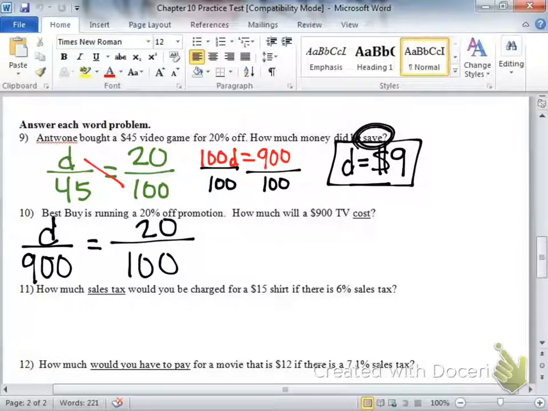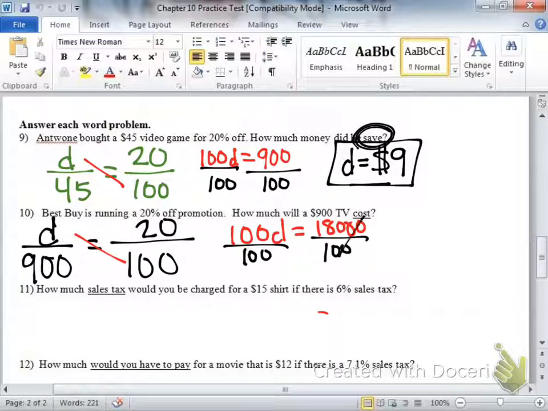So again, cross multiply, you get 100D equals 18,000. But when you divide by 100, you're basically just chopping 2 of those zeros off. So the discount amount here is going to be $180.